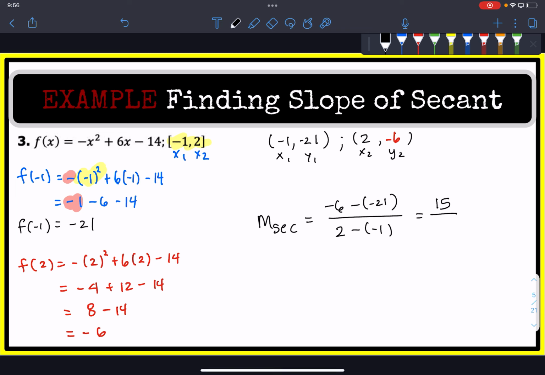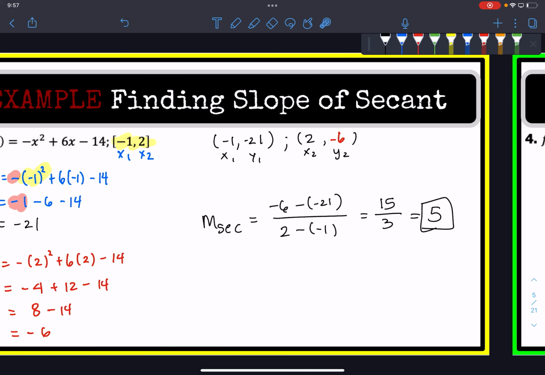And then 2 minus -1, that's equal to 3. So that reduces to 5. So that's the answer. That's the slope of the secant line. That's your average rate of change of this function between these two x values. So it's increasing 5 units for every unit along the x-axis, between -1 and 2.